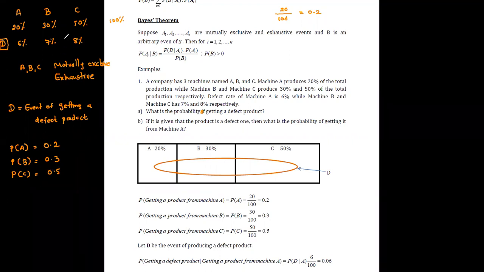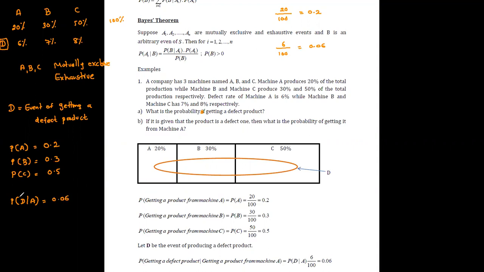And we know the defect rate for each machine. If event D is the event of getting a defect product, then the probability of D given A, that is, if you know that the product is from machine A, the probability of getting a defect product, is 6 divided by 100, which is equal to 0.06.